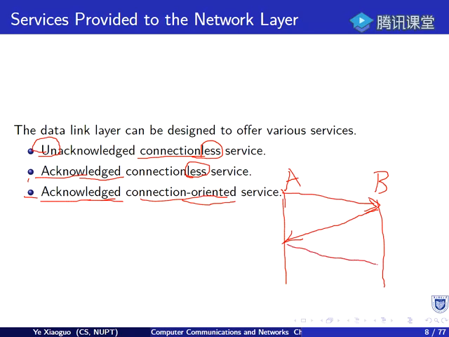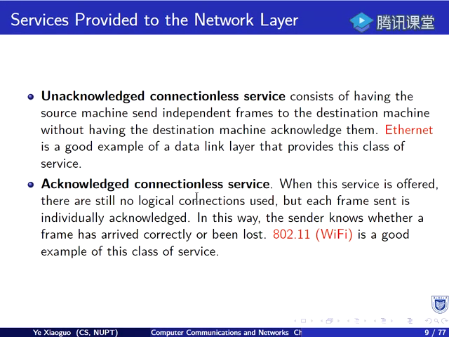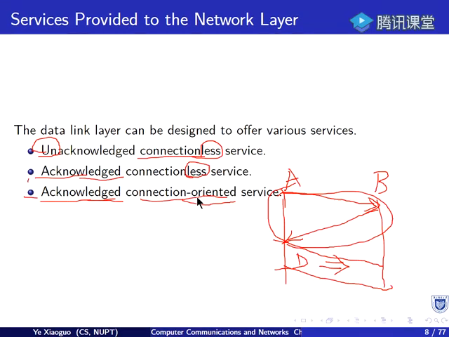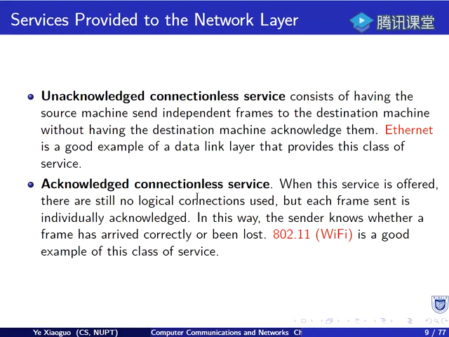Then A will send data to B. So this is connection-oriented. That means at this stage, the connection is established. Then they begin to transmit data. So we will illustrate the details of the three kinds of services.